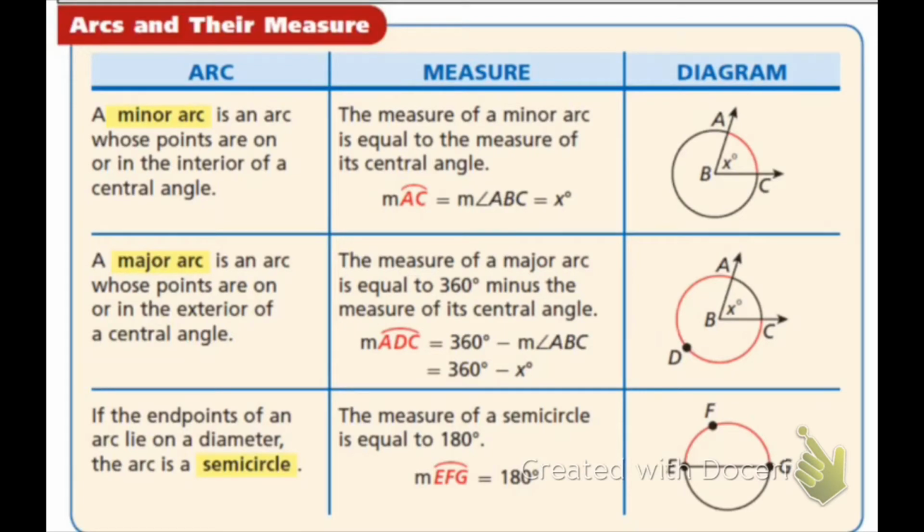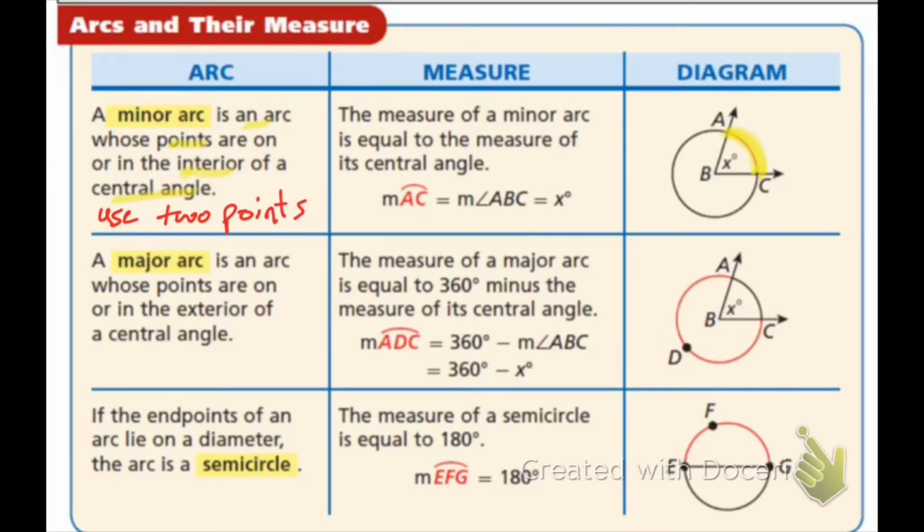Now we also have minor arcs and major arcs. A minor arc is an arc whose points are on or in the interior of the central angle. So if I look at my central angle right here, x degrees is the central angle. The minor arc would be the portion of the circle right there that is inside or on the interior of the central angle. Now we only use 2 points to name this.